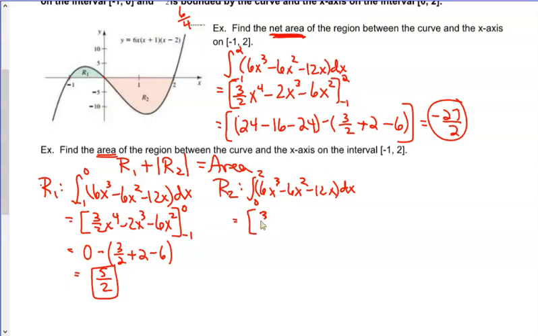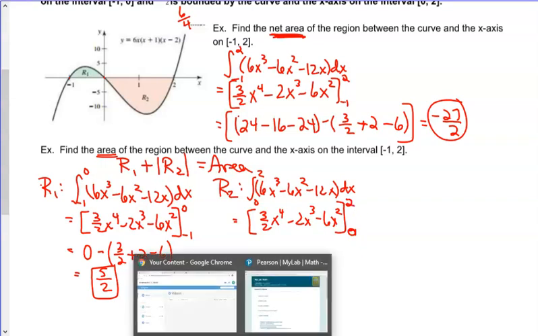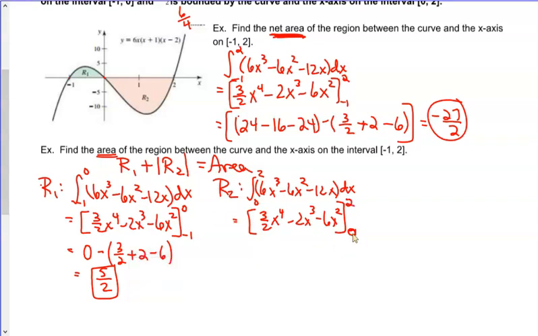So that is 3 halves x to the 4th minus 2x cubed minus 6x squared from 0 to 2. Now, again, we have a 0. That's awfully nice because that's where the region's separated there. I'm going to plug 2 in, and the advantage is I already plugged 2 in earlier.